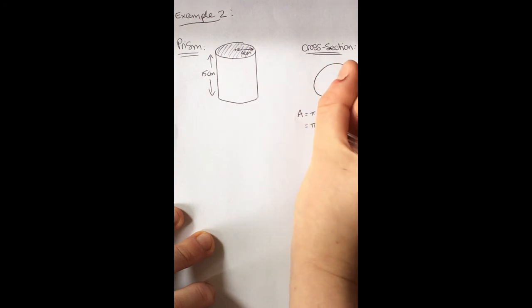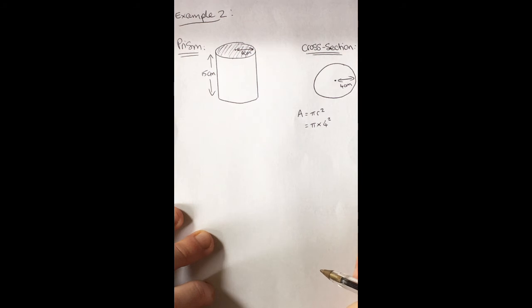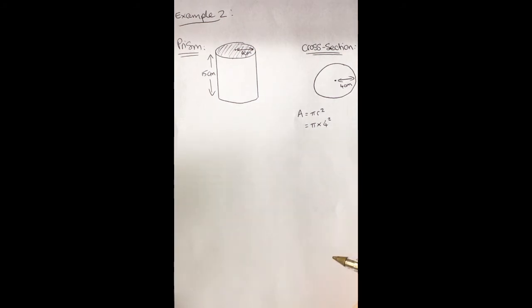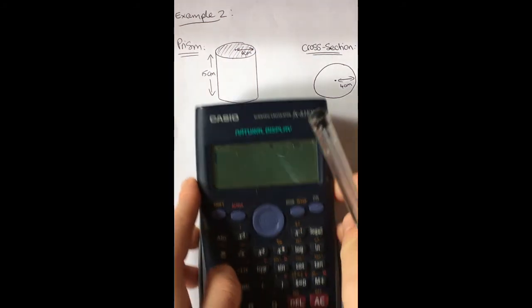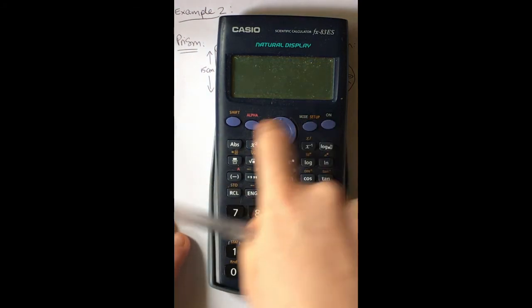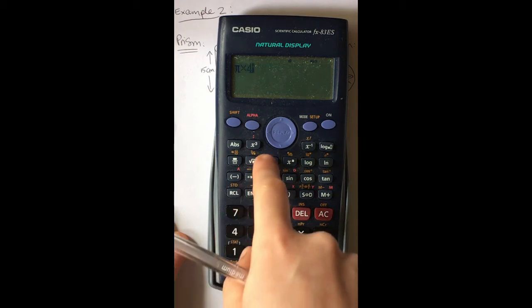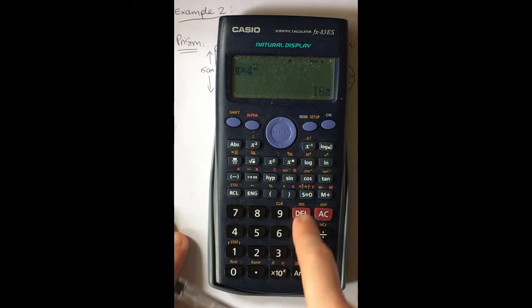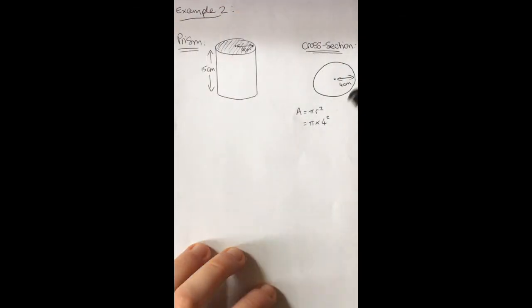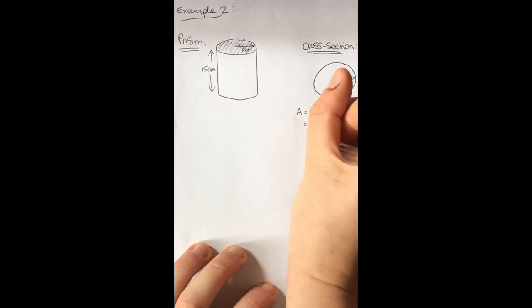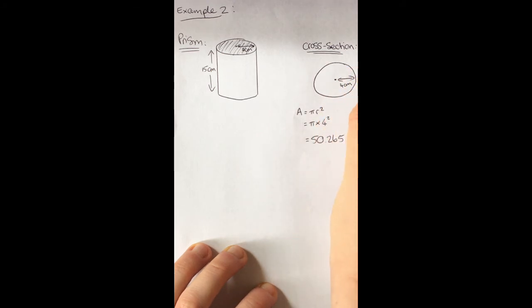So that's pi multiplied by our radius, which is 4 squared. Okay, plug that into your calculator. Again, I'll show you how to do that. So we have shift pi as shift, and then that's that button down here, multiplied by 4 squared. So you should get 16 pi, which is 50.265 centimetres squared.